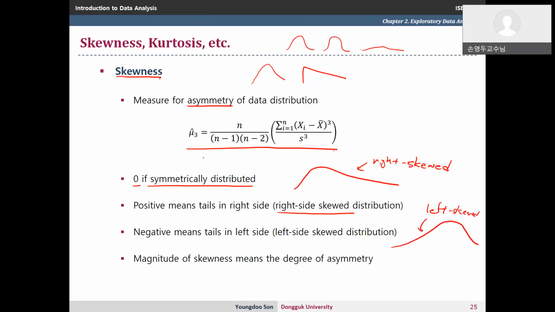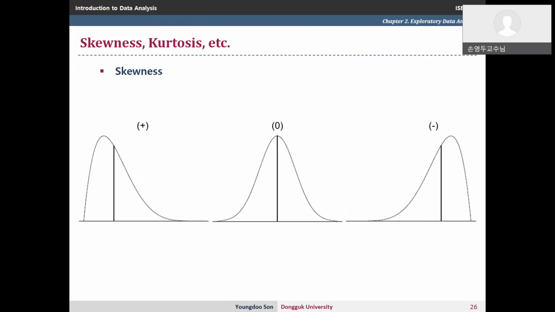If the magnitude of the skewness is large, then it is more asymmetric, like this, like this. So this is the positively skewed graph, this is the negatively skewed graph, and this is the not skewed, or symmetric, graph.